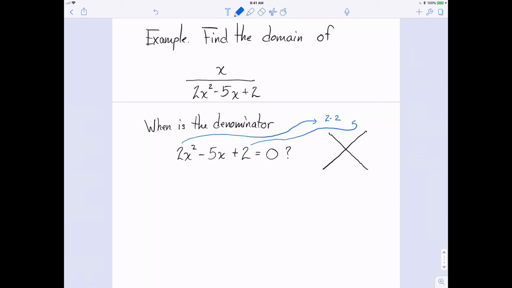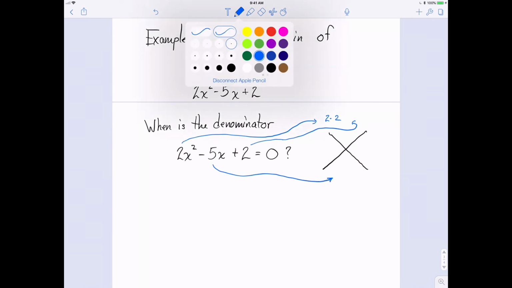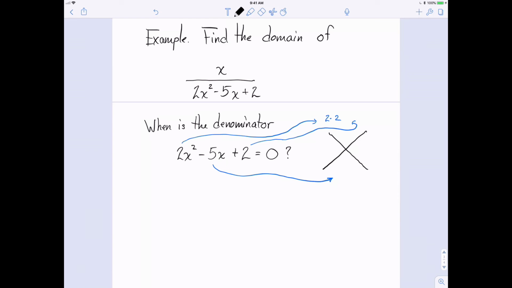And in the bottom position, we take the number in front of the x. So when we do that, we have 2 times 2, we get a 4, and the negative 5. We need two numbers that multiply to positive 4 and add to negative 5. And I'm coming up with minus 4 times minus 1. Yeah, that works.